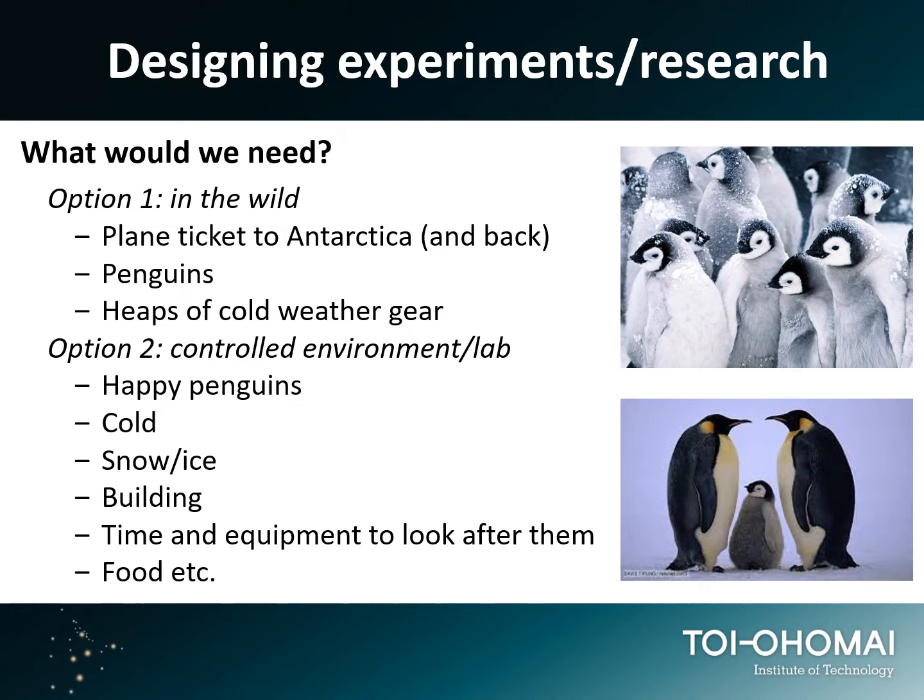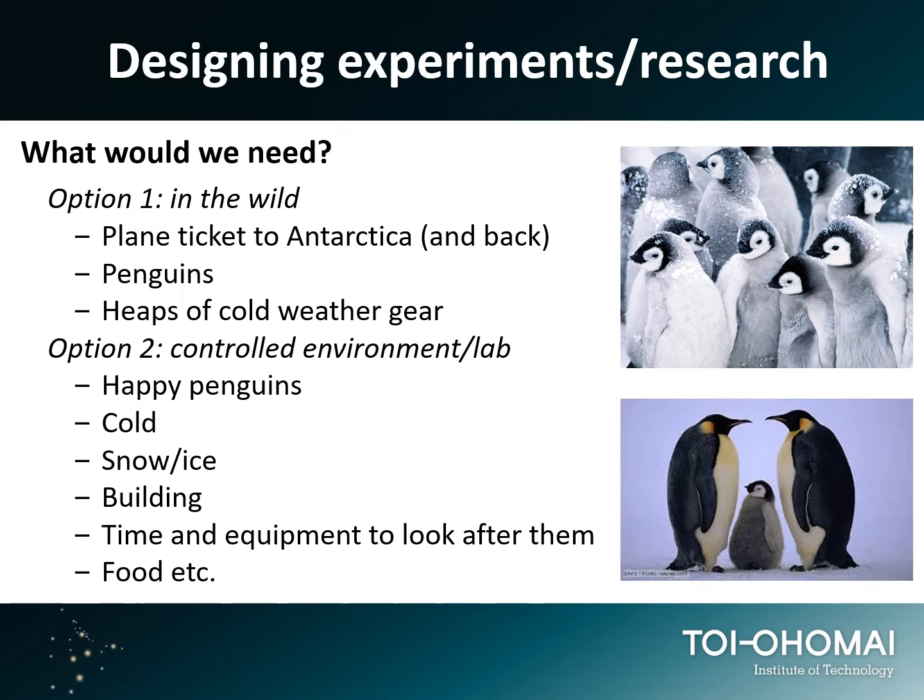And how much would that cost? Well, we've got to think about building some place that would house them and give them the environment that they're suited for, because you want happy penguins. So you need to have refrigeration. It's got to be cold. They're used to snow and ice under their feet, so they like that kind of thing. That's what you put there. You're going to have to have all the equipment to look after them and clean the water that they're going to be swimming around in at their little artificial beach.